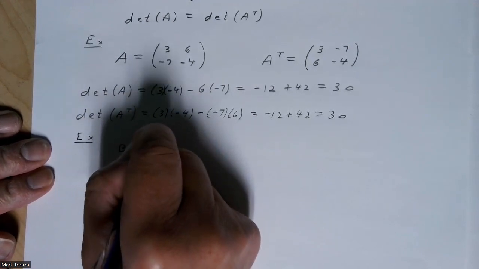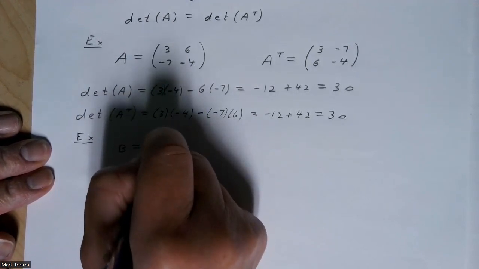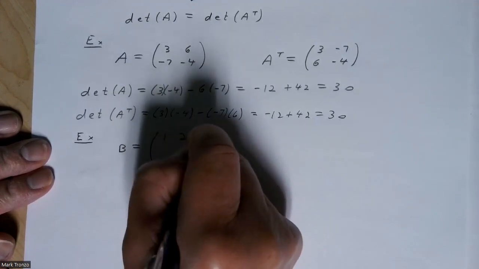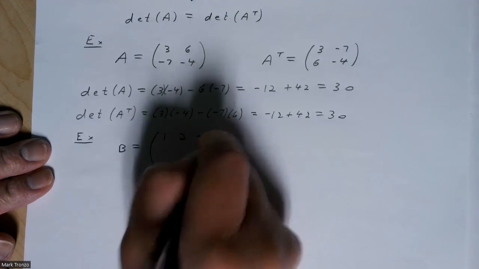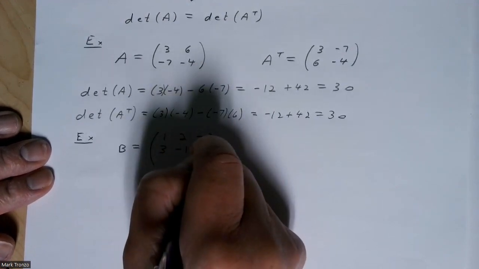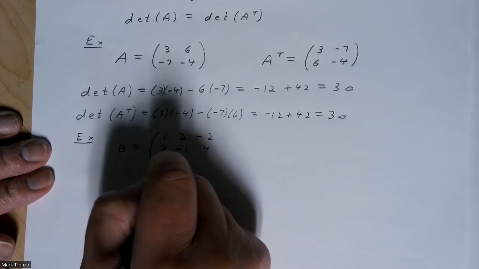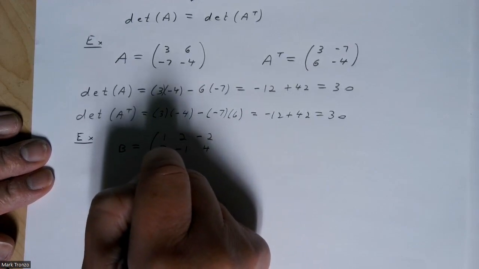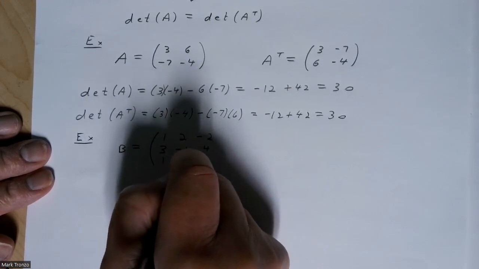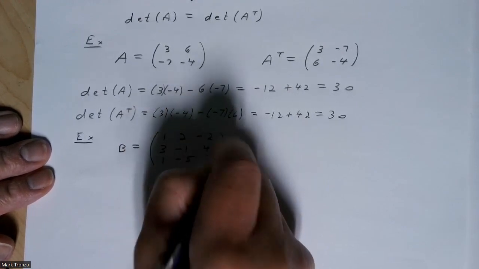I'm going to make the numbers not too big so I don't have to do a lot of calculations. 2, minus 2, 3, minus 1, 4, 1, minus 5, 2.